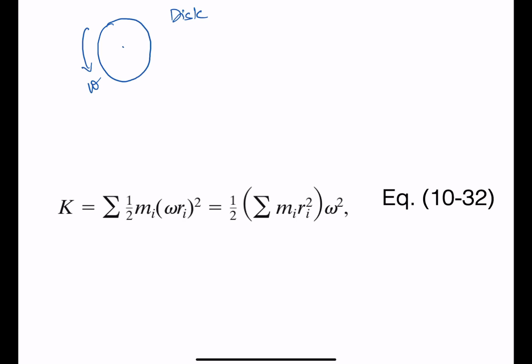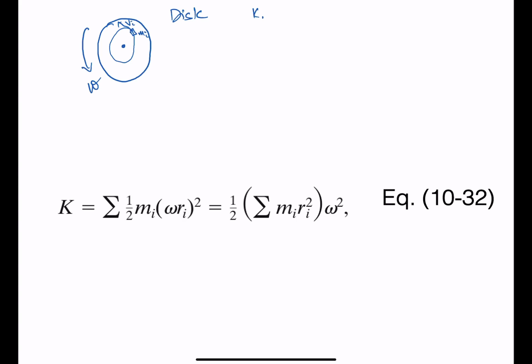Let's say this is the center. So let's consider a small mass of this disc, which I'm going to call mi, one particular component. This component would be going around in a counterclockwise direction as well. Let's say this is a small part. Velocity is tangential, vi.